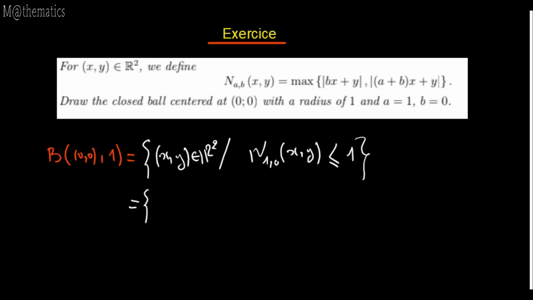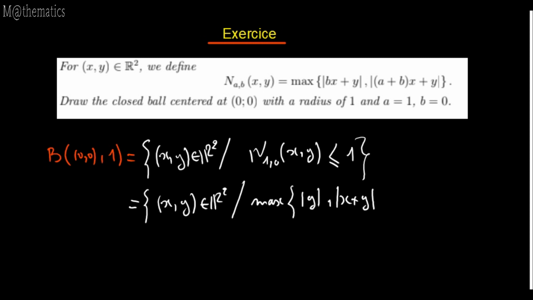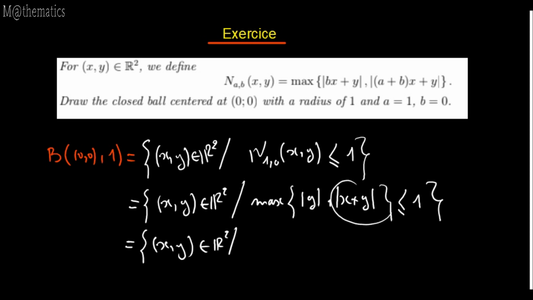So that it is the set of (x, y) in R² such that the max between the absolute value of y and the absolute value of x plus y is less than or equal to 1.